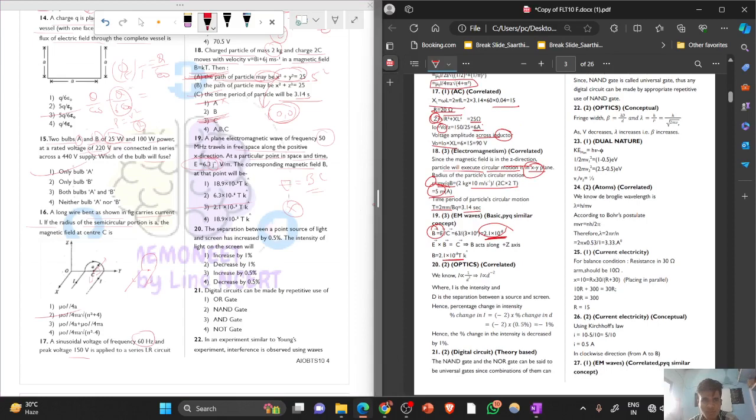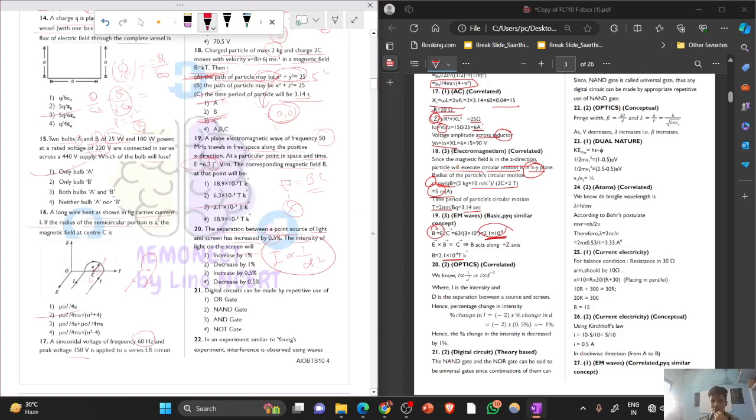Now moving ahead. The separation between a point source of light and a screen is increased, and the intensity on the screen will change. Okay, it is asking for the change on the screen. You know that the intensity is inversely proportional to d square. Now moving to the solution, if you want to calculate delta I upon I, that will be minus 2 delta d upon d.